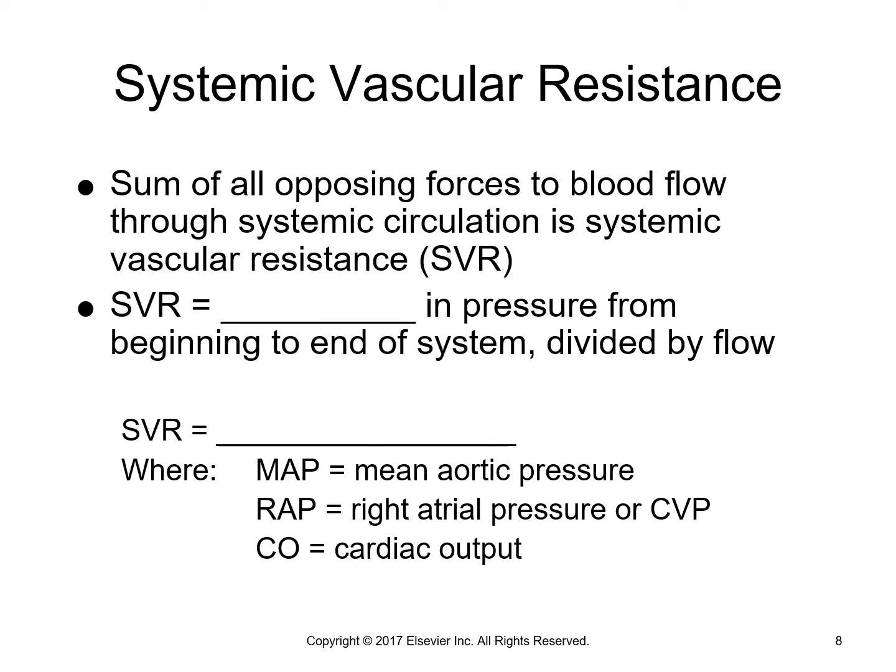All right. So the sum of all opposing forces to the blood flow through the systemic circulation is systemic vascular resistance. So your SVR is equal to the change, remember, change is often represented as a triangle, delta, okay?